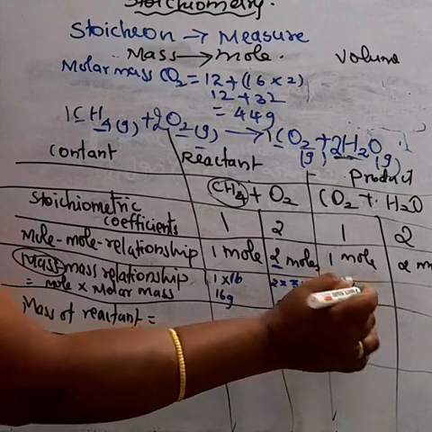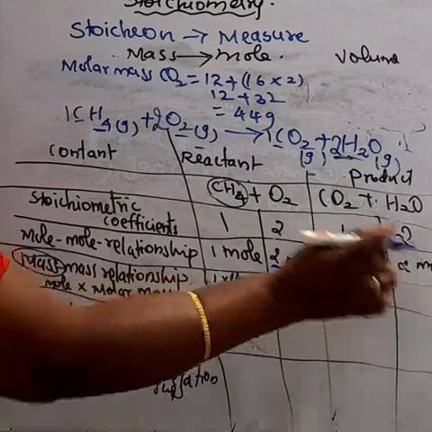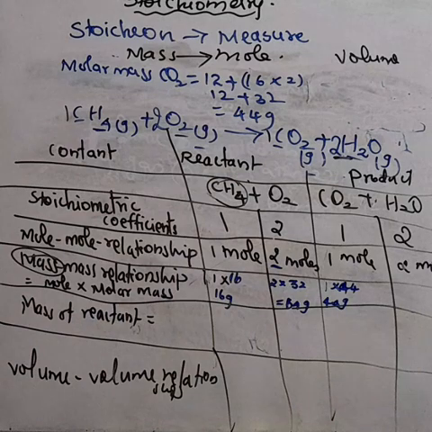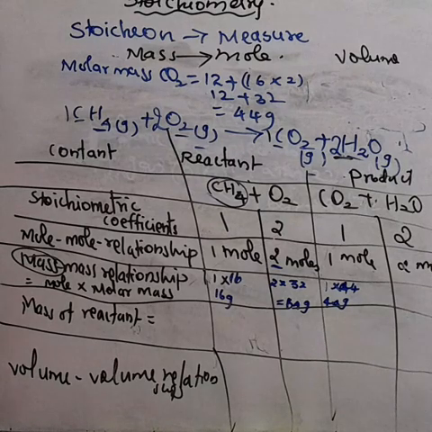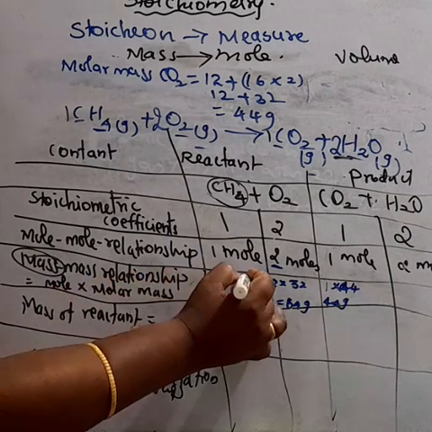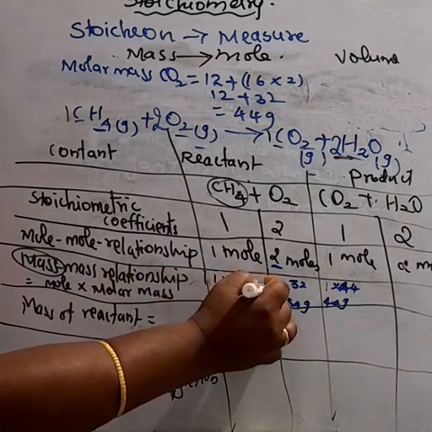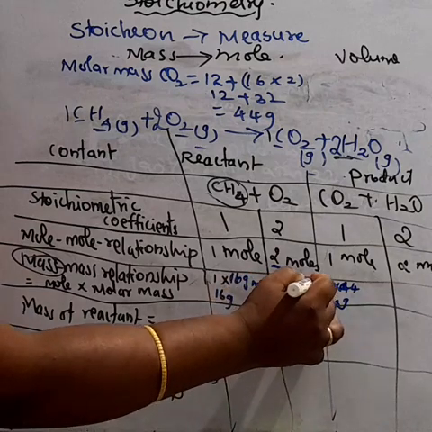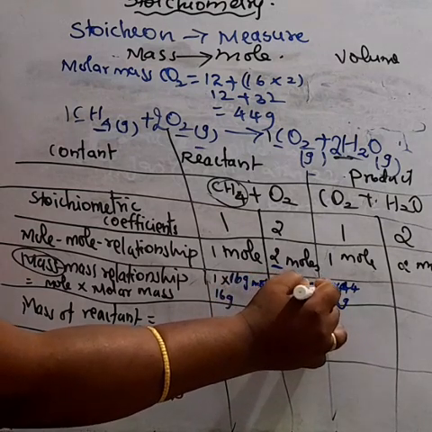And then for water, the mass is equal to number of moles into molar mass. The molar mass of methane is 16, oxygen is 32 gram per mole, and carbon dioxide is 44 gram per mole.